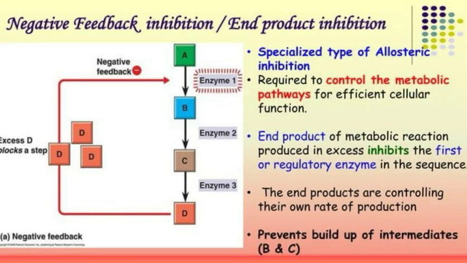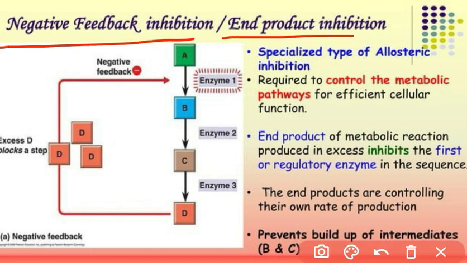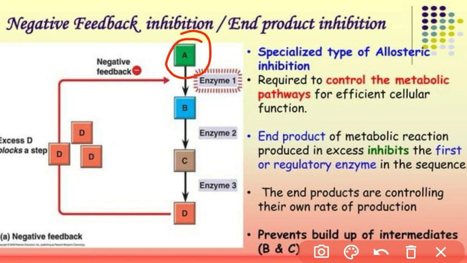So the next type, negative feedback inhibition or end product inhibition. In a number of catabolic pathways, including the EMP pathway or TCA cycle, a lot of enzymes are necessary where substrate A gets converted into product B through the action of enzyme first.